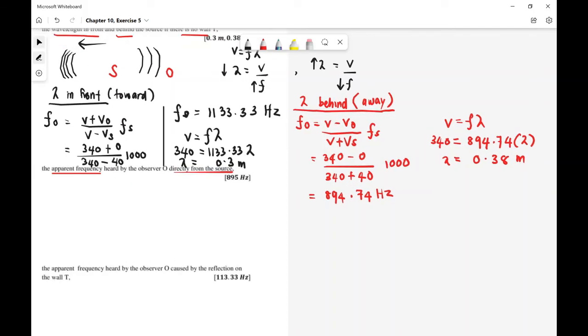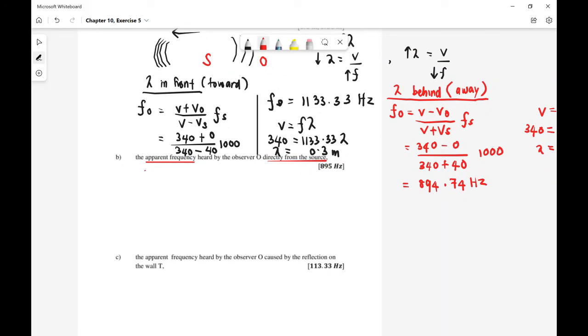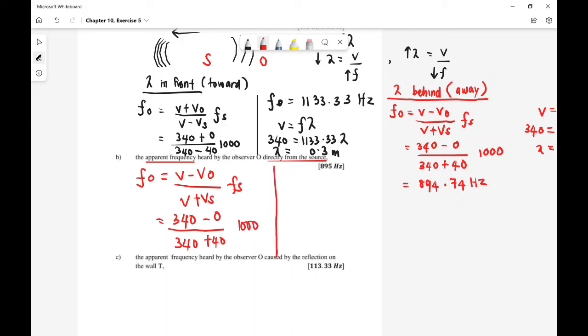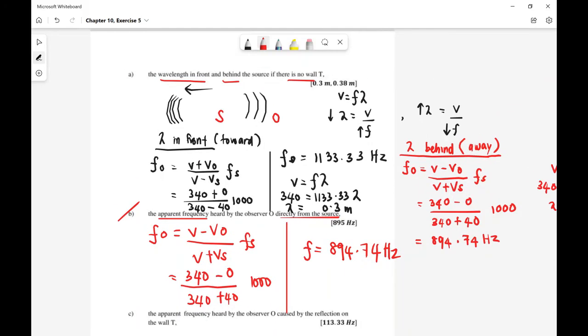So boleh tunjukkan sekali lagi, FO equals V minus VO over V plus VS times FS. Substitute 340 minus 0, 340 plus 40 times 1000. So boleh dapat frequency equals 894.74 Hertz. Dah jawab soalan B dan A.